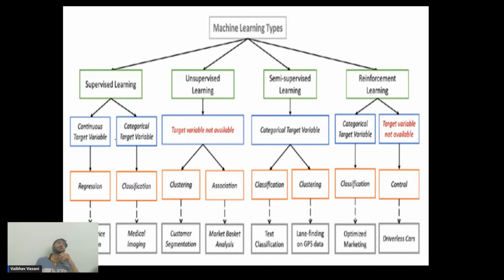Continuous is, for example, 1.1, 2.1, 3.1, some numbers that are continuous. Categorical, for example, we have images like a dog, cat, rat, maybe some other animals. These are categories, category 1, category 2, category 3, category 4.